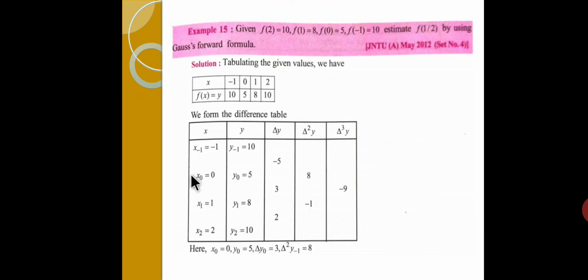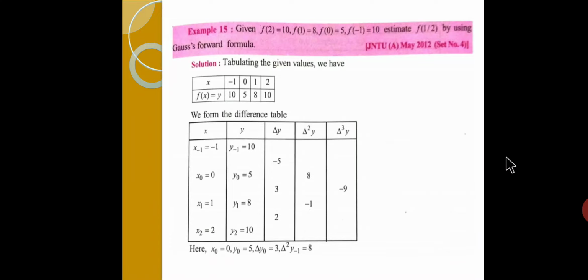So here x naught is equal to 0 and y naught is the corresponding y value 5, delta y naught value is 3, and delta square y minus 1 is equal to 8. So here we consider the values from the table this way, like a V shape: 5, 3, 8.